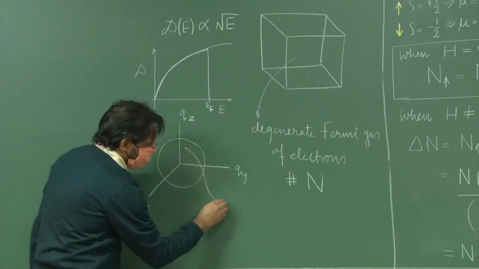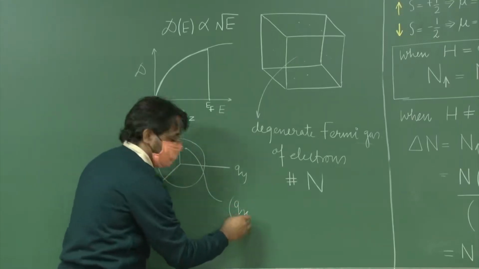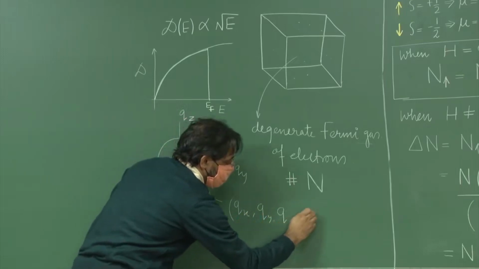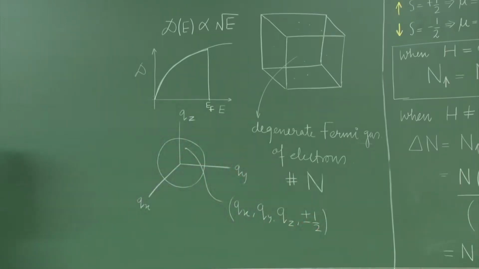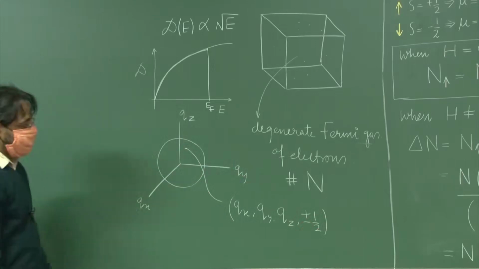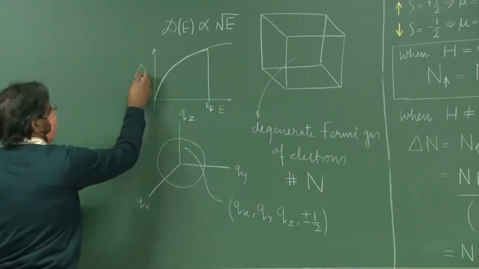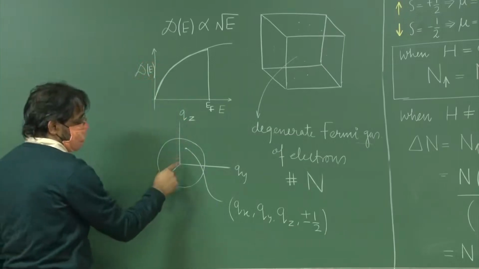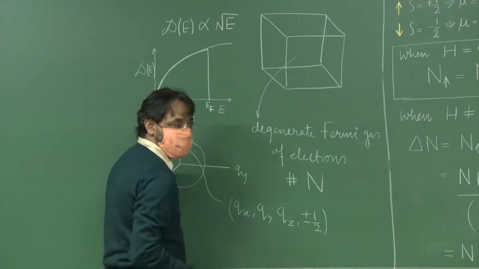At any point, you have a certain value of qx, qy, qz, and two spin orientations at every point, spin plus 1/2 and minus 1/2. So this is the total density of states. How many states are there? Two quantum states, one for plus 1/2 and another for minus 1/2.